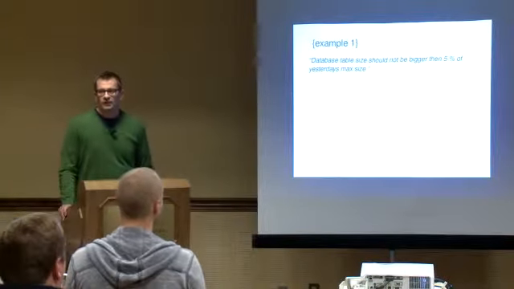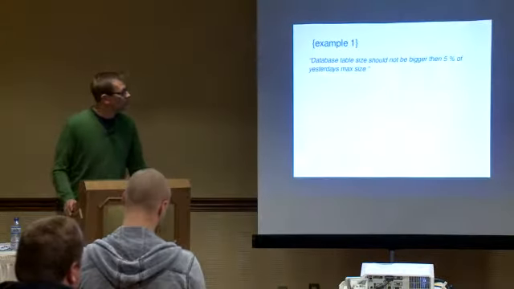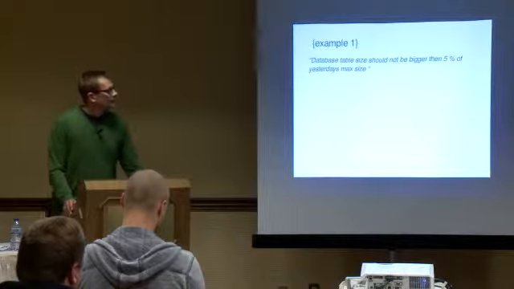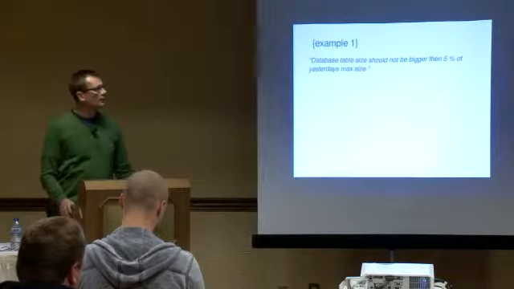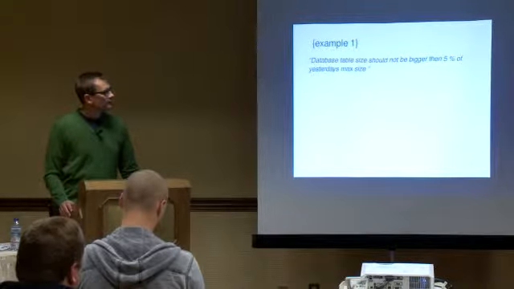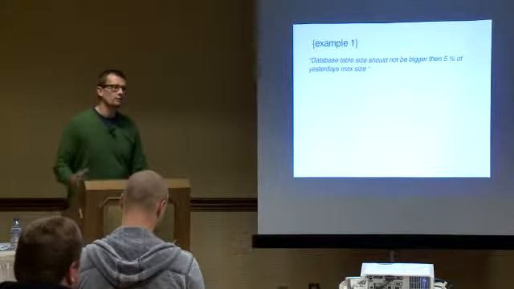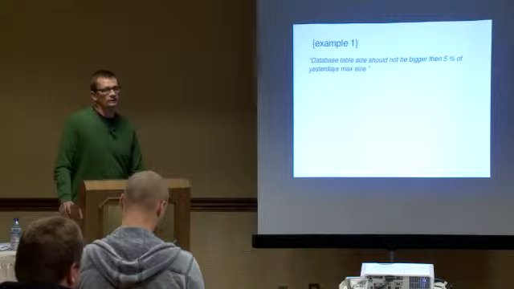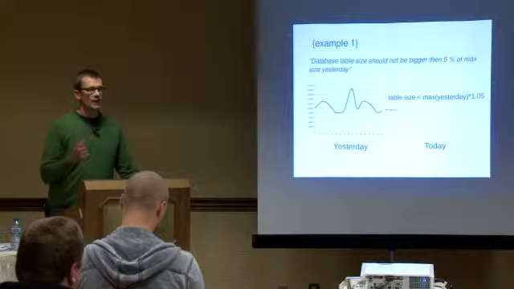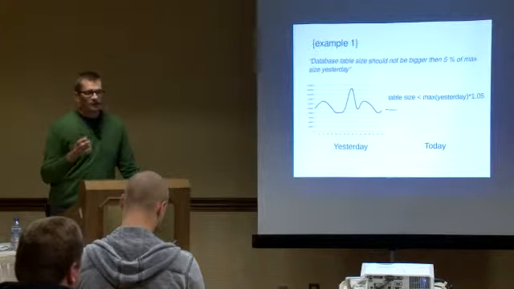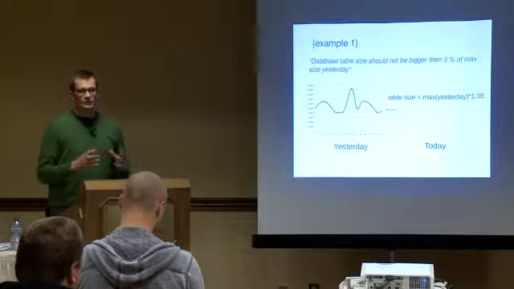To try to give you some feeling for what I mean here, I will give you some examples. And let's start with the first example. Here we have some sort of database table that gets filled and has things removed from it. And I want to define a threshold that it should not be bigger than 5% of the maximum number of rows it had in the table yesterday. To solve this, we first need to track how many rows it had in that table yesterday, and store that somewhere.